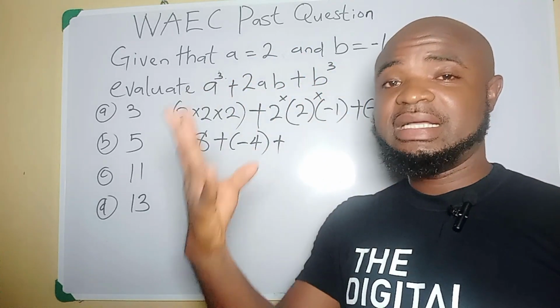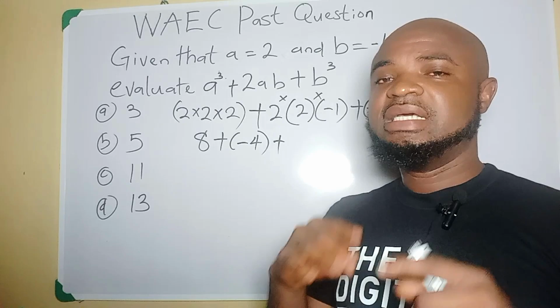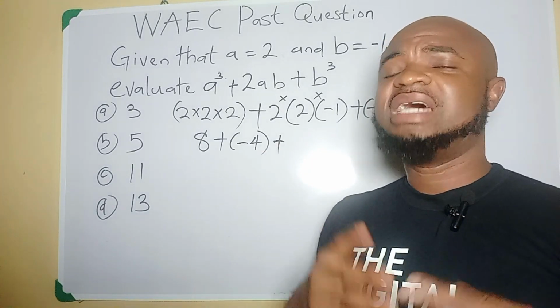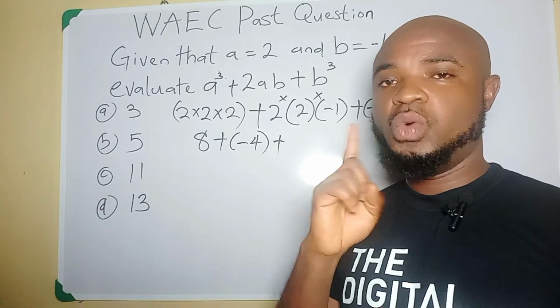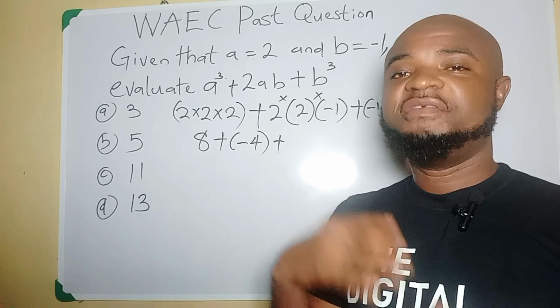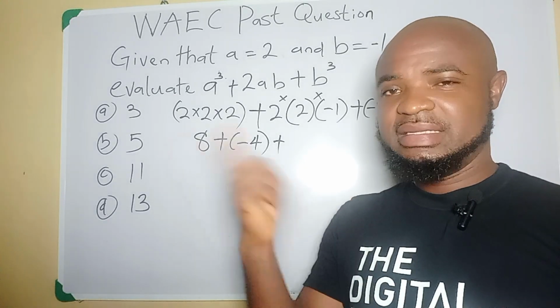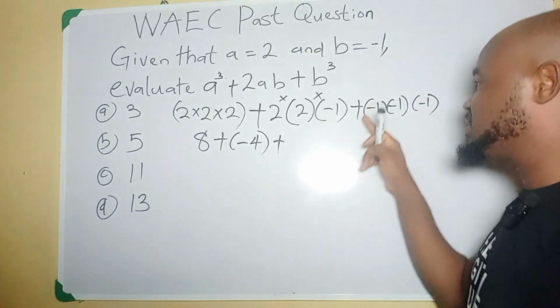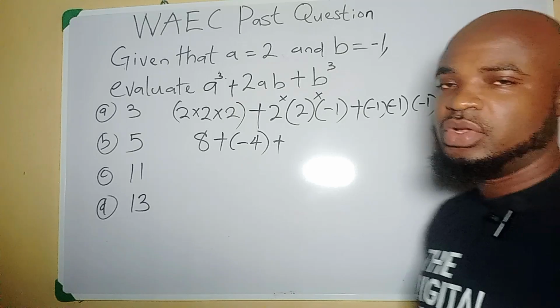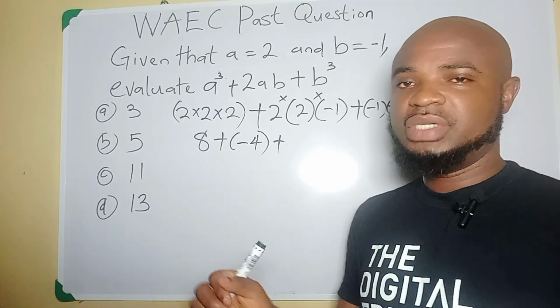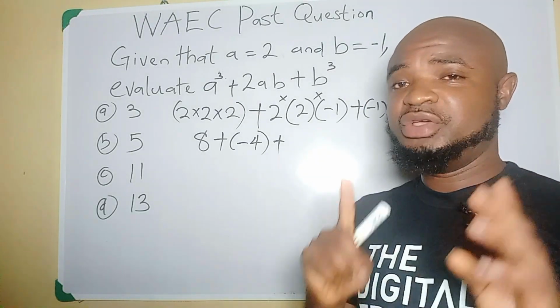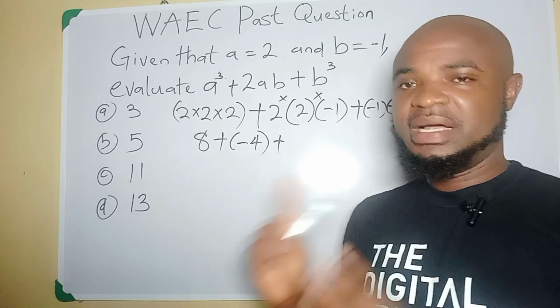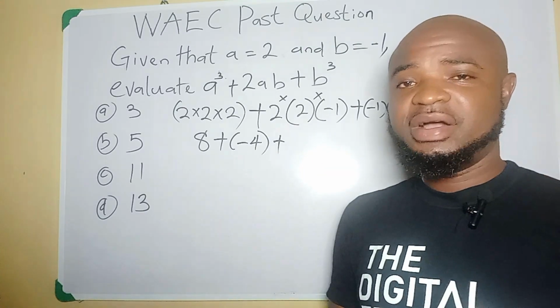So if it goes on like that in even pattern, it will be positive. But if it appears in odd pattern, like once, 3 times, 5 times, it will still give you back negative. So instead of stressing yourself saying minus times minus times minus, no, just save yourself that stress. Once you count and you know it's an odd number pattern, it will give you back negative.